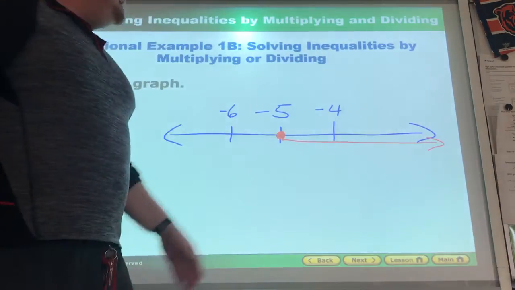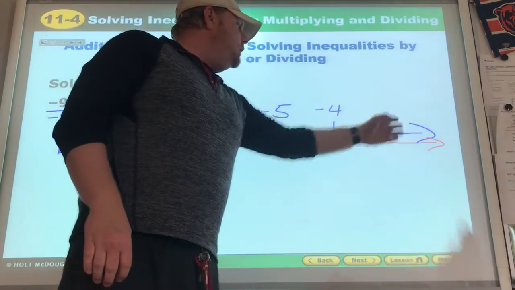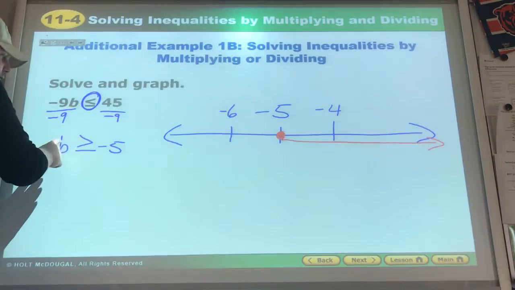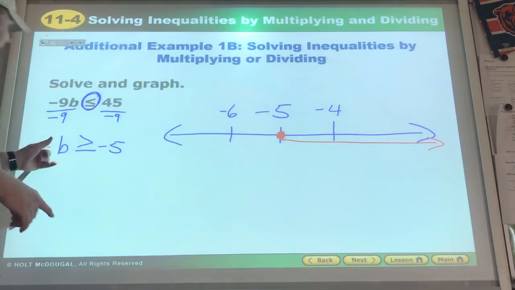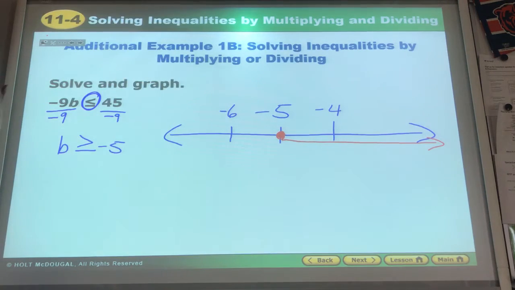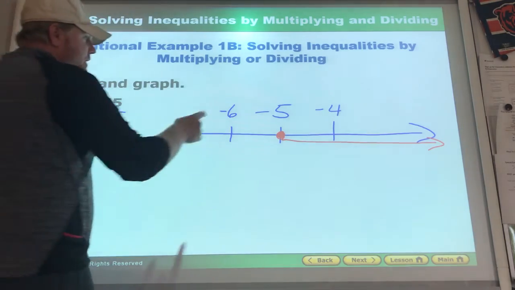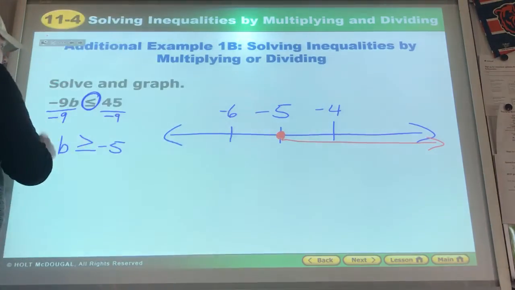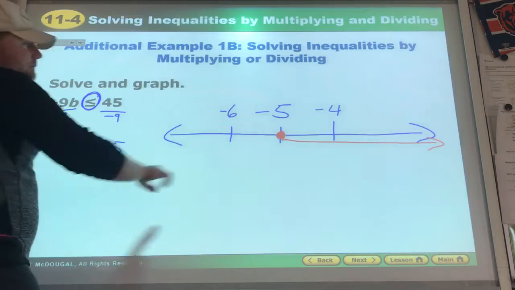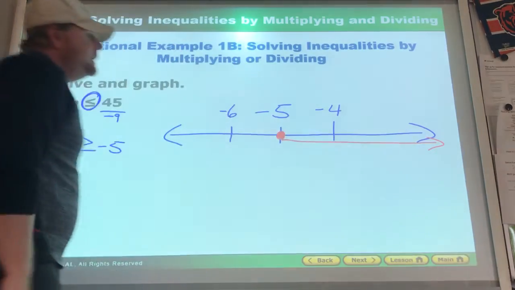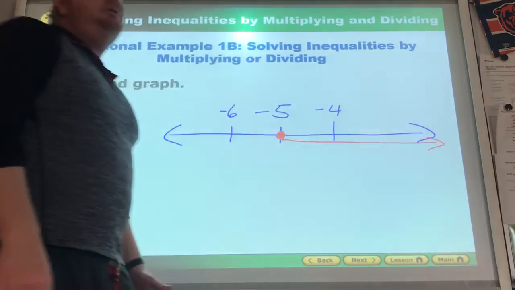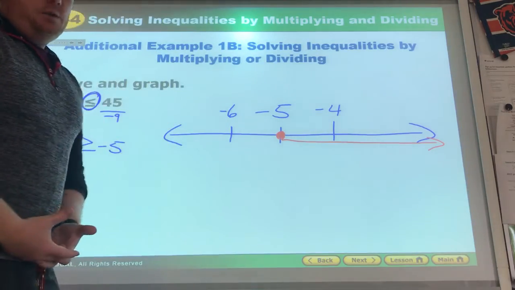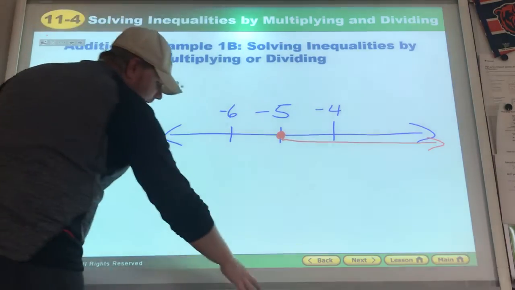And think of all the other possibilities. Negative 2, negative 3, 1, 0. Is 0 greater than negative 5? Yes. Is 5? Because that would be on that side. 5 is greater than negative 5. It does check out. Once you have your number, check and see which one fits. Negative 4 makes it true, so we go towards negative 4. And we can include all the numbers this way that are bigger than negative 5. They're all part of the answer. They're all solutions to our problem.